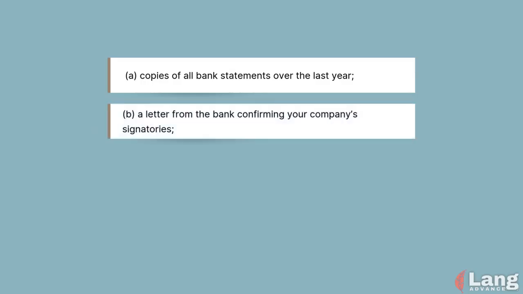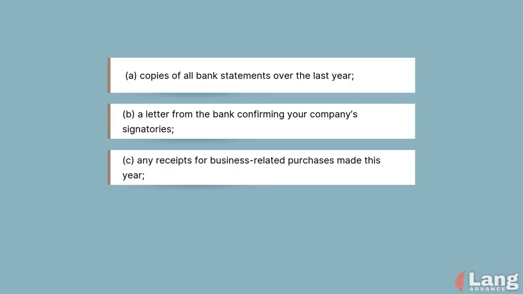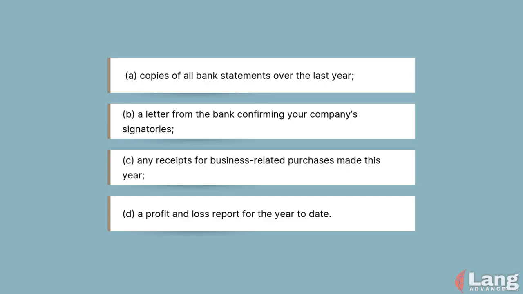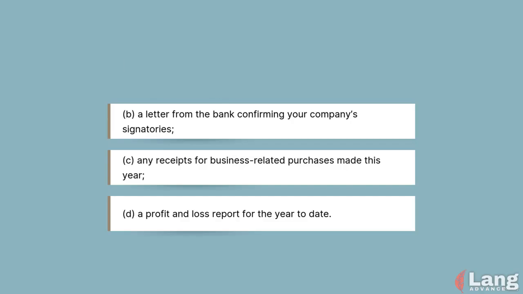B. A letter from the bank confirming your company's signatories. C. Any receipts for business-related purchases made this year. D. A profit and loss report for the year to date.